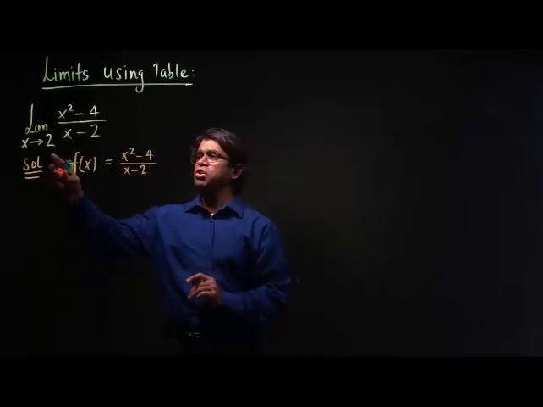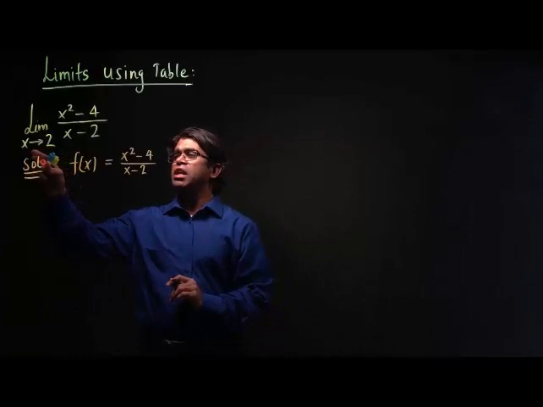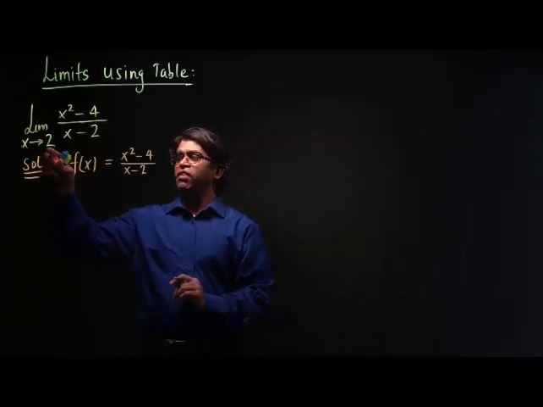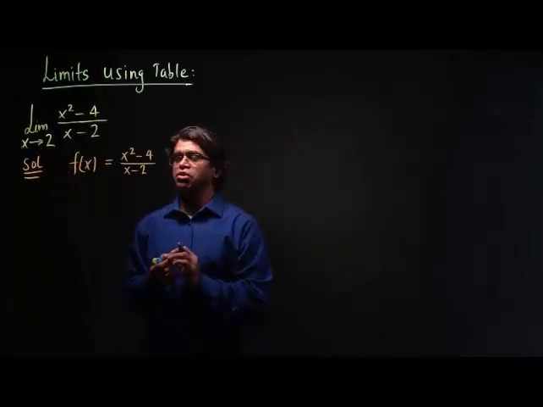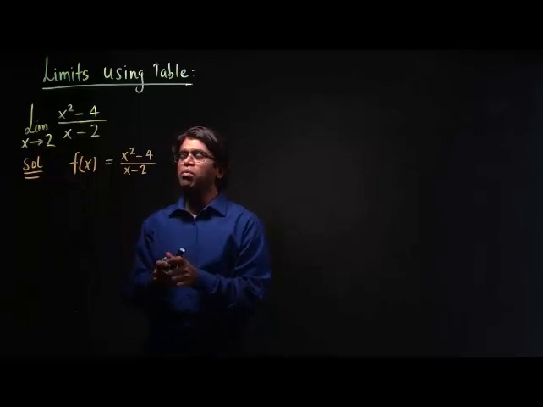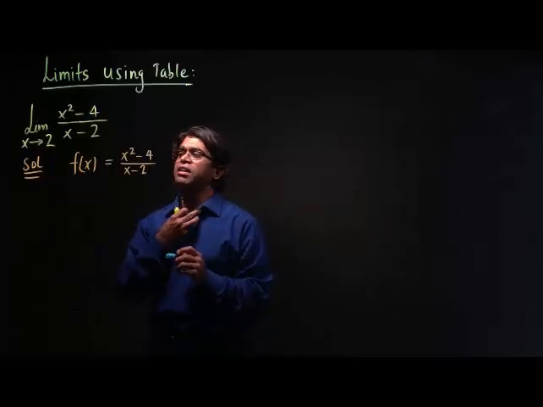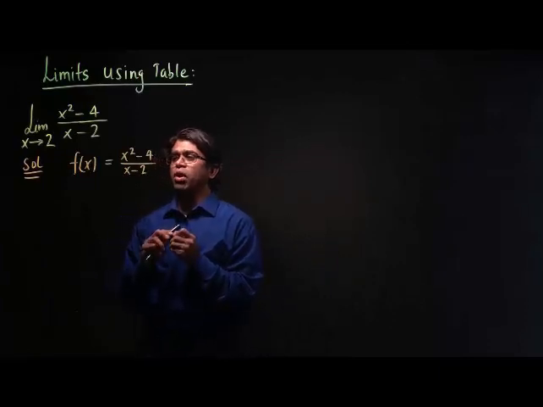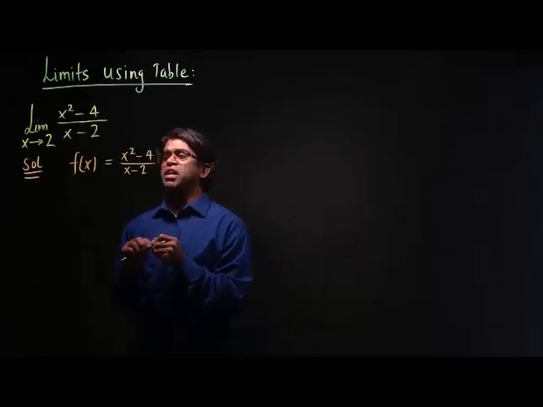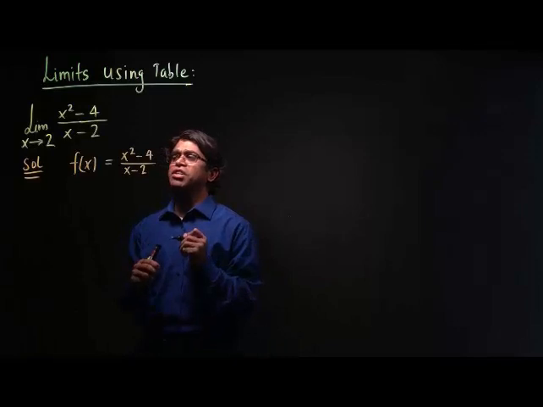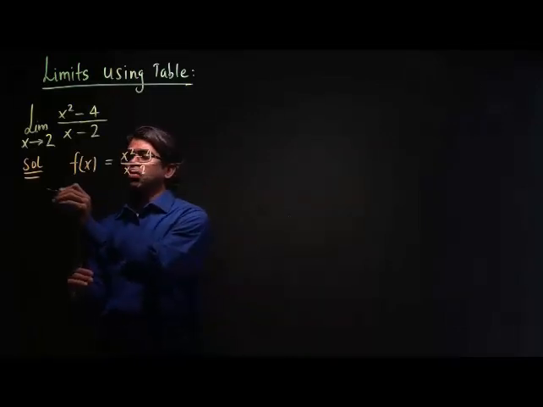Now, what we need to do is find the limit of the function at x equals 2. First of all, we want to see if the function is defined at x equals 2 or not. So I'm going to see what the value of the function is at x equals 2.